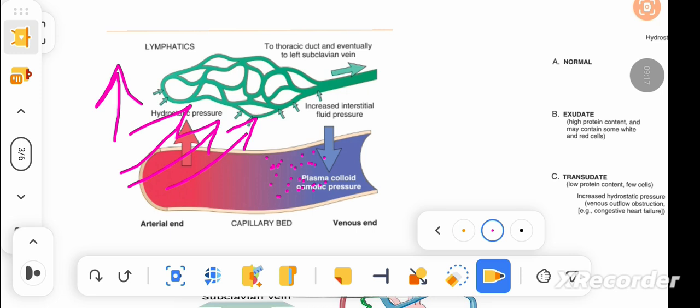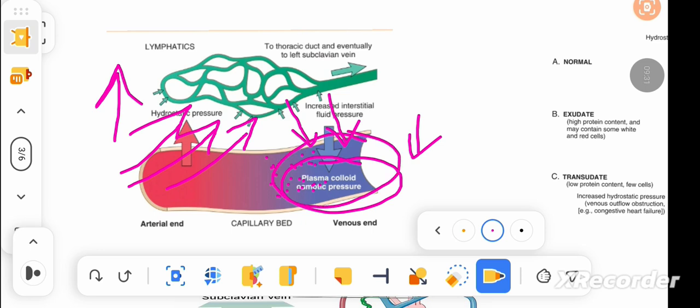And if the plasma colloid osmotic pressure is reduced, then we won't have the pressure which drains that interstitial fluid back into the blood vessel. That will also lead to edema.